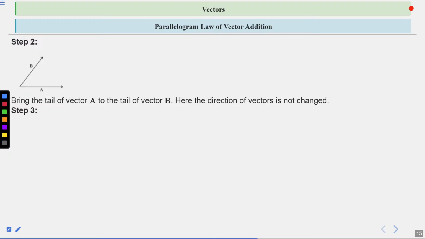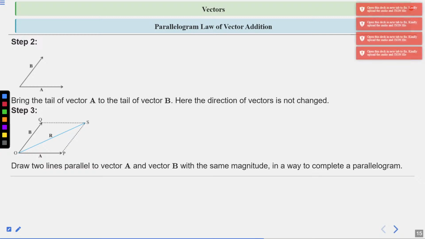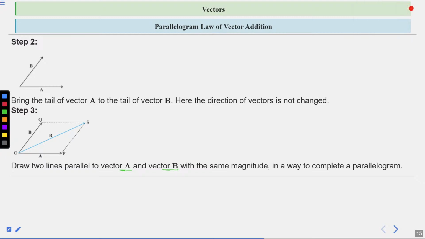Now the third step: after bringing the tail of vector A and the tail of vector B together, draw lines parallel to vector A and vector B. So look at here, the line is OS.